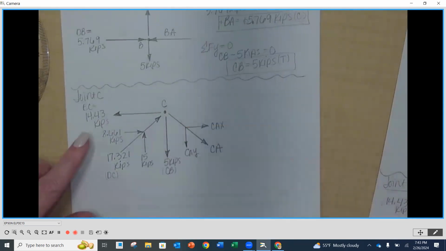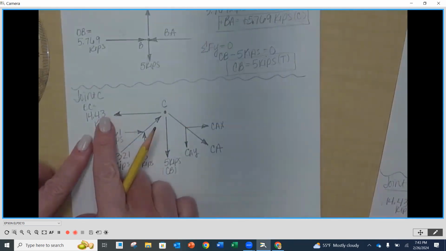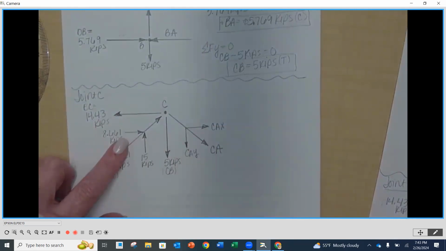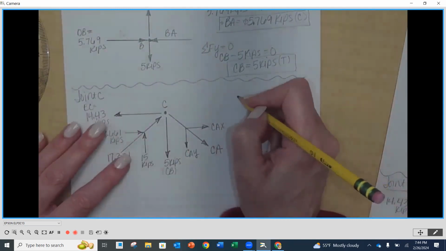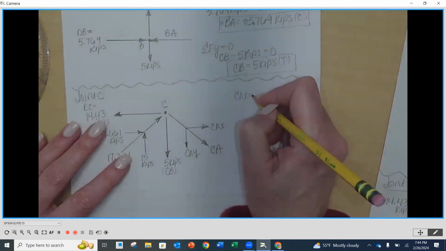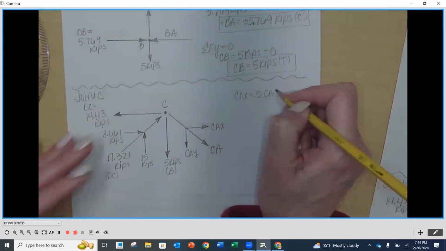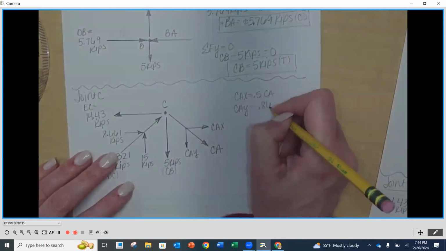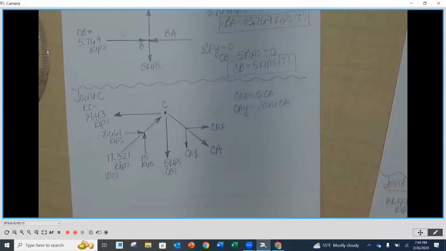But let's kind of look. I've got 14.43 going to the left. I've got 8.661. So yeah, it makes sense that my CAX has to also go to the right. So go ahead and solve for CA. And I'm going to put this up here. My CAX has to equal 0.5 times CA, right? And my CAY has to equal 0.866 times CA.